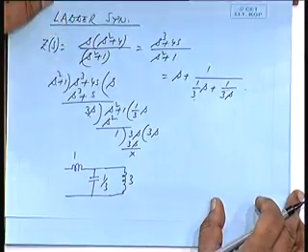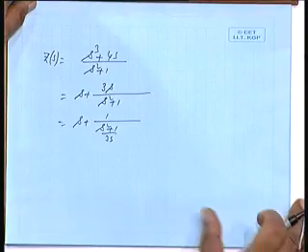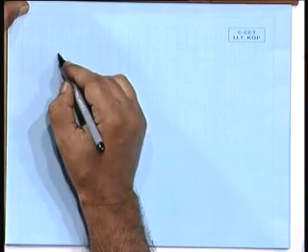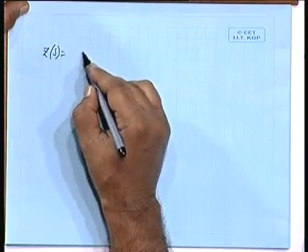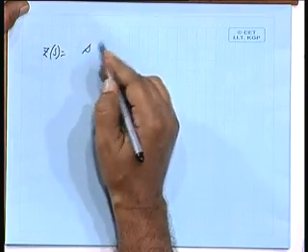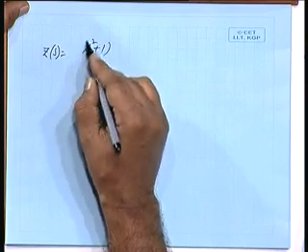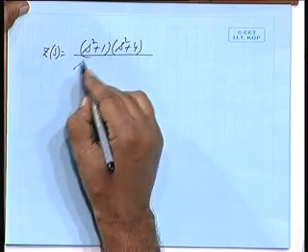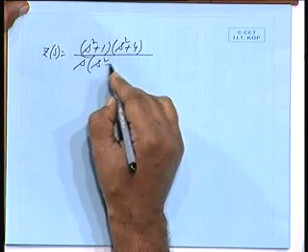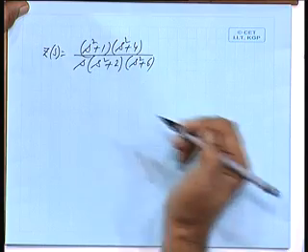Let us take another example, a little bigger in size. Suppose ZS is given as s squared plus 1 into s squared plus 4 divided by s into s square plus 2 into s square plus 6.